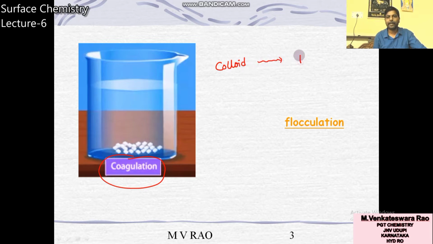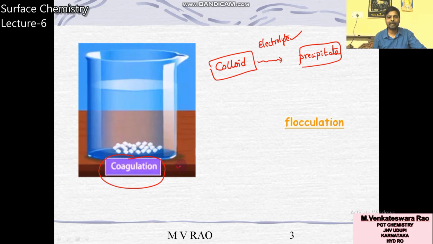The conversion of a colloidal solution into precipitate by the addition of a small amount of electrolyte is called coagulation, or flocculation, or precipitation.